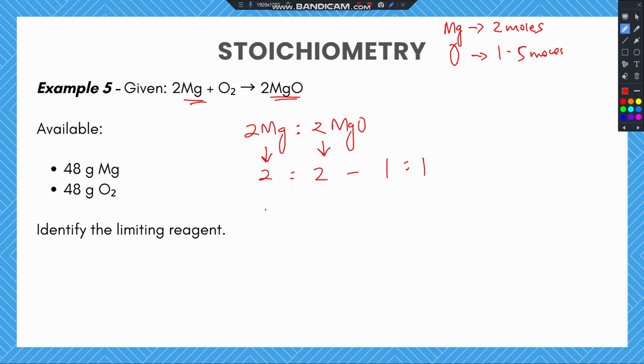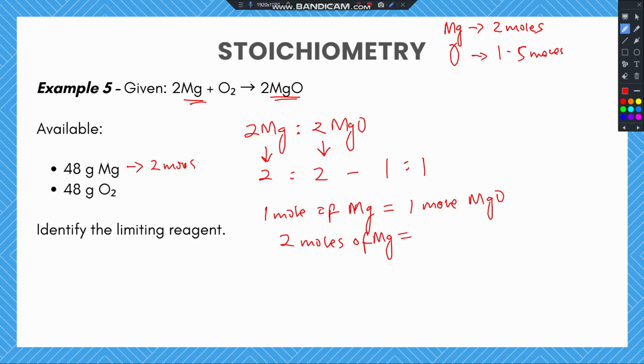The meaning of that is 1 mole of magnesium reacts to produce 1 mole of magnesium oxide. So therefore, we know that from the question, we've converted these 48 grams of magnesium to become 2 moles. So it therefore means 2 moles of magnesium will react to produce X moles of magnesium oxide.